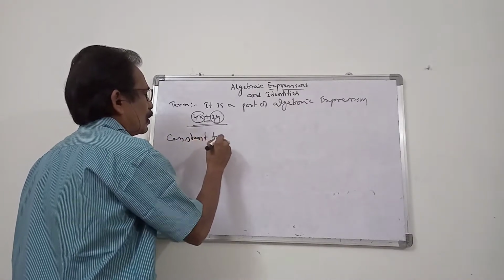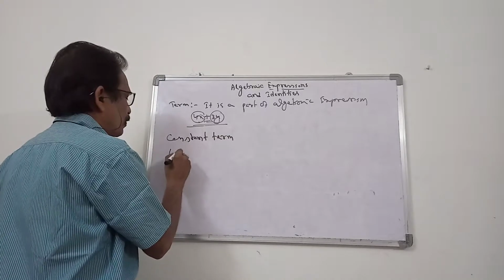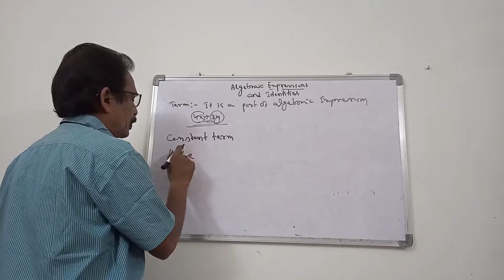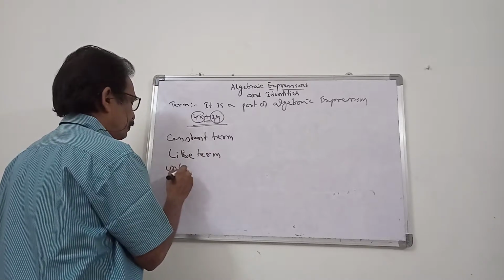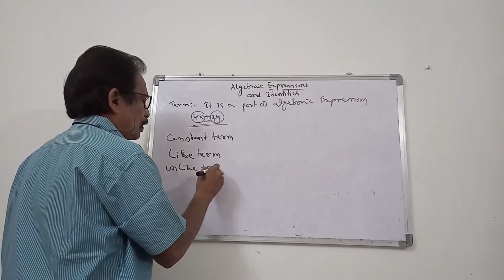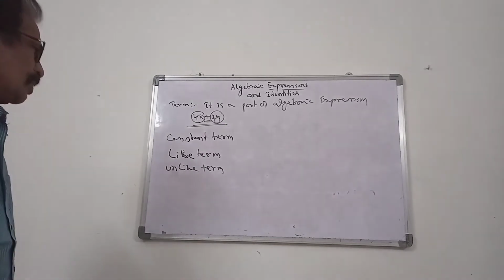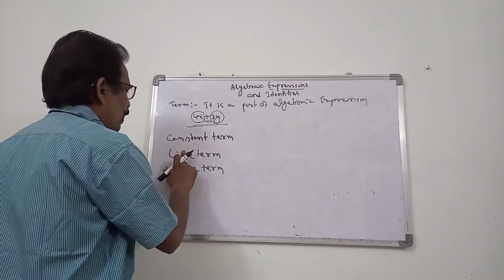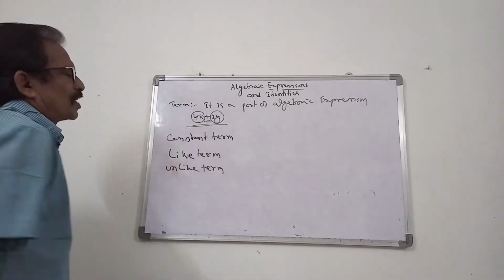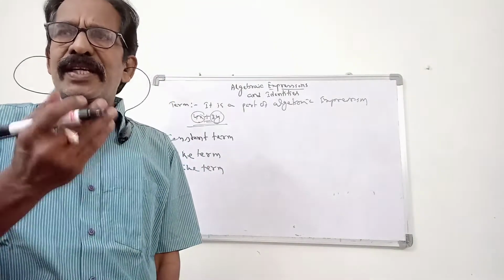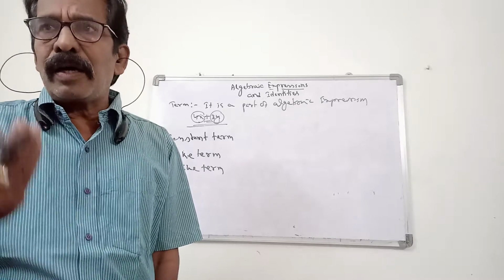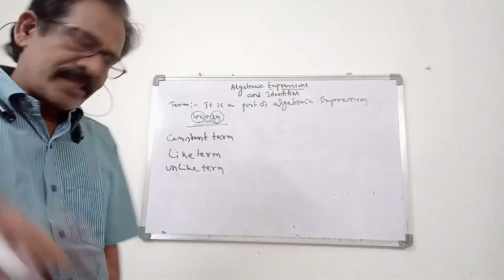There are three types: constant term, like term and unlike term. What is a constant term? What we discussed in constants: a symbol having a fixed value. That is a constant term.